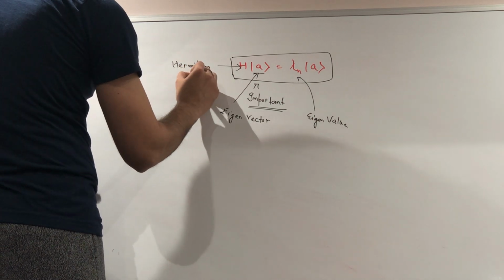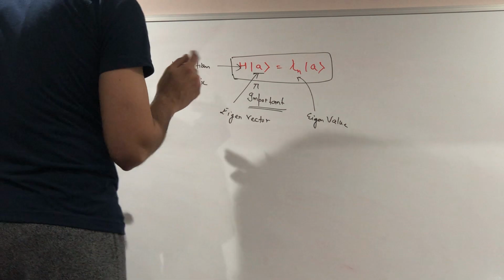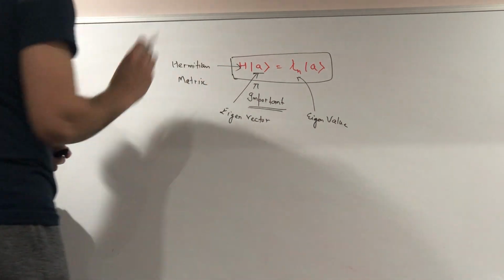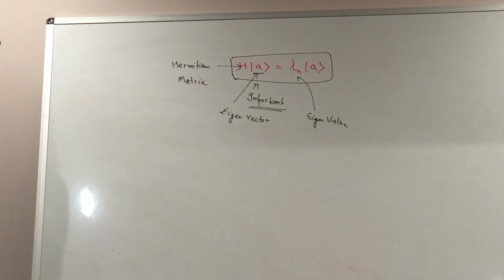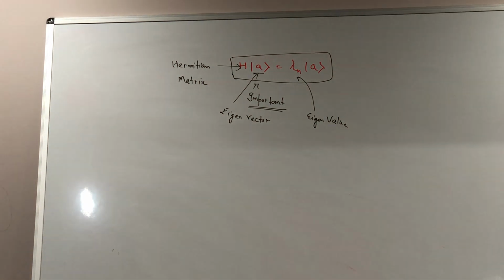A 2 by 2 matrix can be used. There are specific elements which form a Hermitian matrix. Not every matrix is a Hermitian matrix, right? So this lambda n is an eigenvalue. This is the significance.